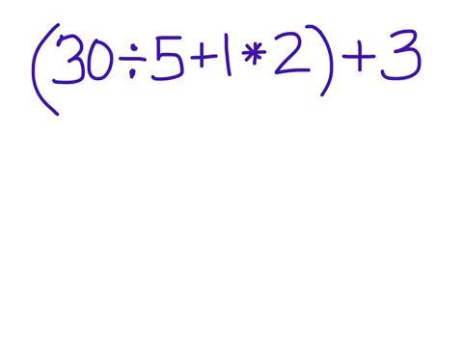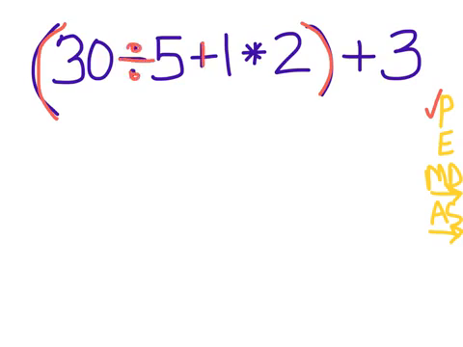Let's tackle another one of these problems. I'm going to make myself a little cheat sheet over to the side so I can kind of just walk through it step by step. I'm looking for parentheses, and I have some. Inside those parentheses, I have a division symbol, an addition symbol, and a multiplication symbol. Remember how I told you I used to think multiplication always came first?